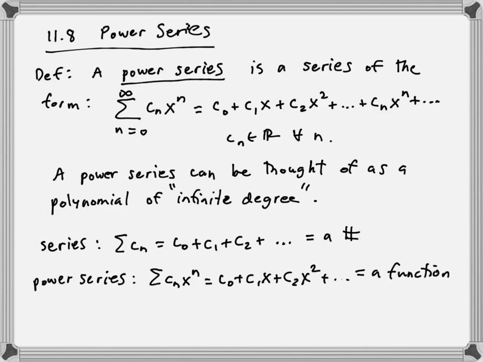It's a function because it has a variable in it, right? So you could still plug in something for x at the end. Okay, so one of these guys is a number. What you've been dealing with before, a series, you can think of it as a number if it converges, right? Whereas a power series is a function.